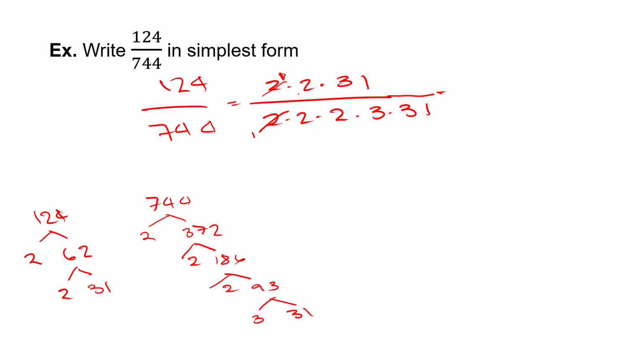Now cancel this 2 out, this 2 in the bottom, and is there any more? Yes. We can cancel this 31 and this 31. So now we're left with 6 in the bottom, 2 times 3. But look at the top. We canceled all the numbers. What do we do?